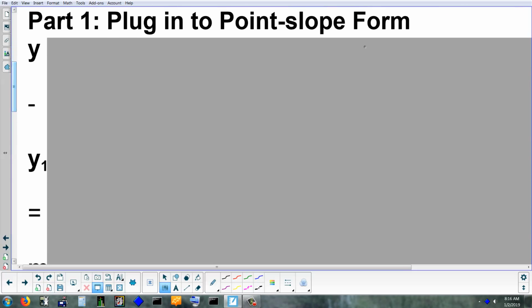All right, so the first one is the y. Do we change that in point slope form? Are we plugging a number into that? What do you think? No? I hear no. Any other thoughts on that? Anyone think we change y?